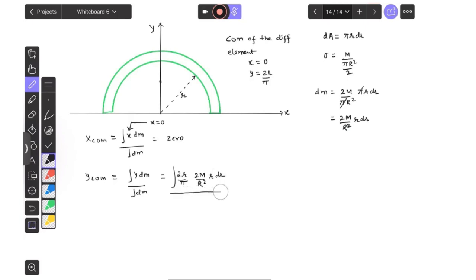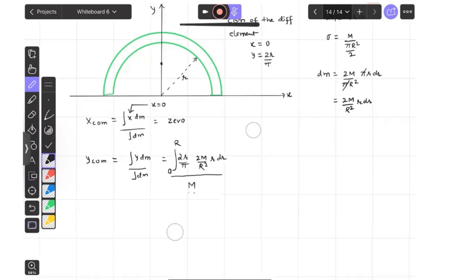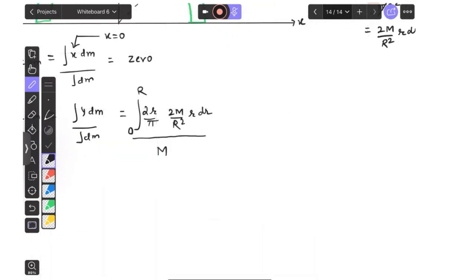Integral dm is the total mass only, and from where to where must we be integrating it? From small r equal to 0 to equal to capital R. After that, things are simple. You take outside whatever is constant.